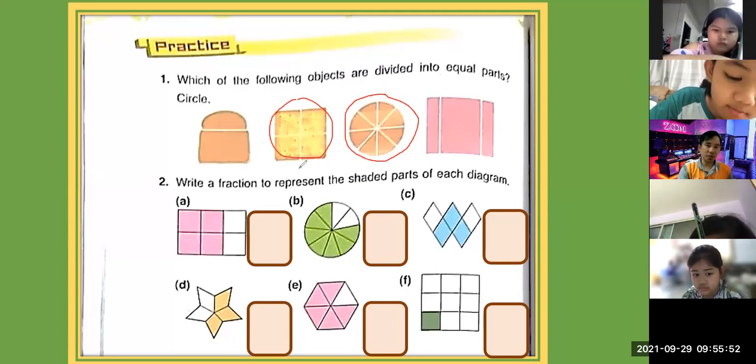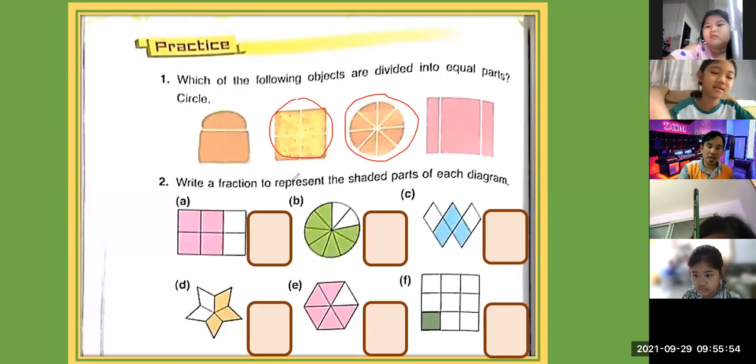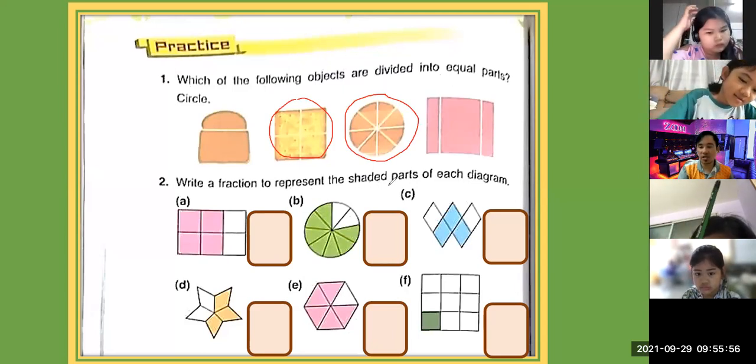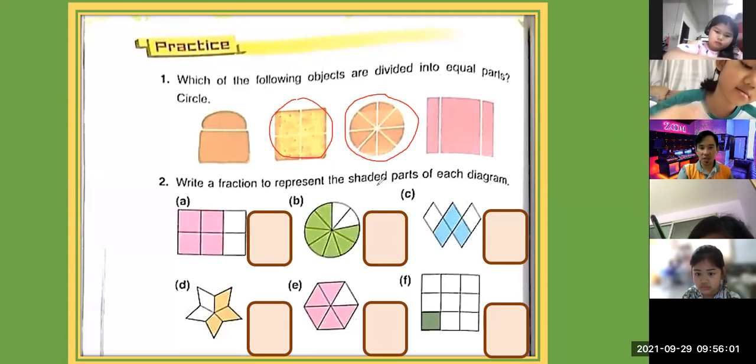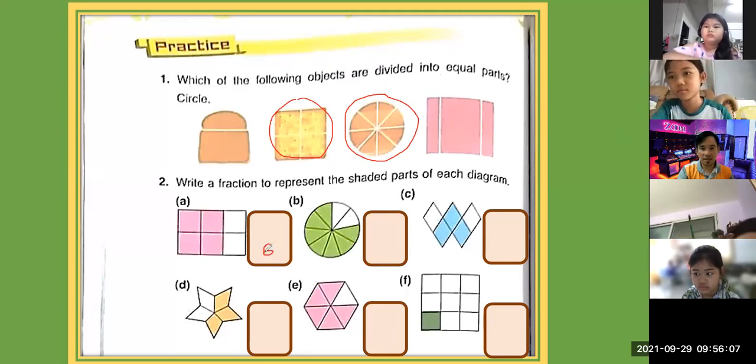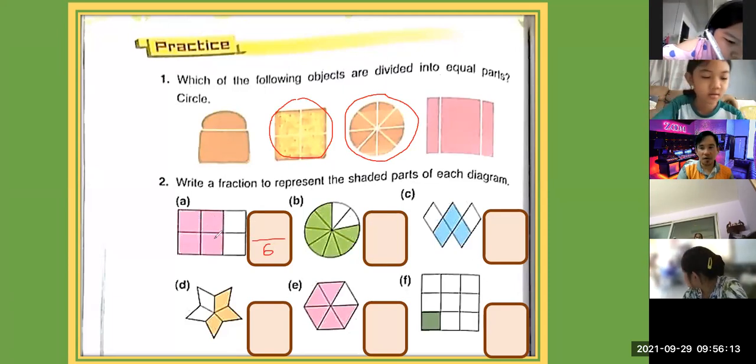In number 2, write a fraction to represent the shaded parts of each diagram. What is this? There are 6 equal parts, so you write here 6. And then, how many parts were shaded? 1, 2, 3, 4. So you write here 4.